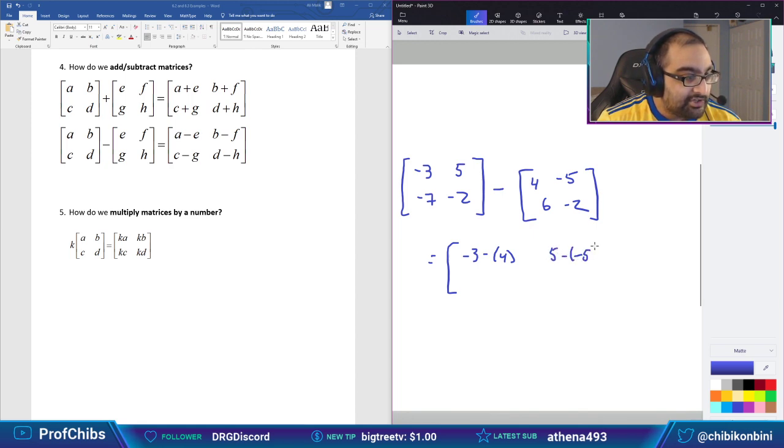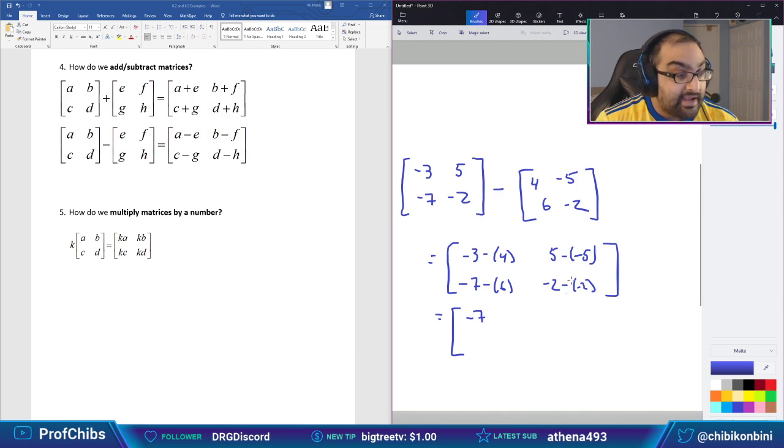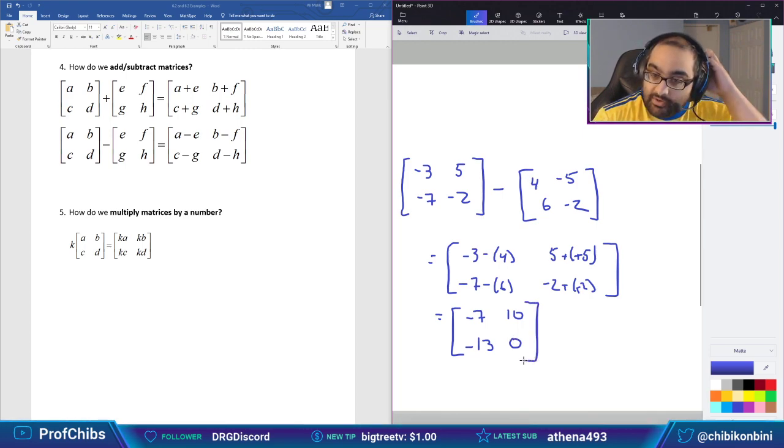Be careful about those sign changes, everybody. -7 minus 6, and -2 minus -2. So what do we get? -3 minus 4 is -7. 5 minus -5, that becomes plus, which gives 10. -7 minus 6 is -13. -2 plus 2 turns out to be 0. Okay, so there we go.